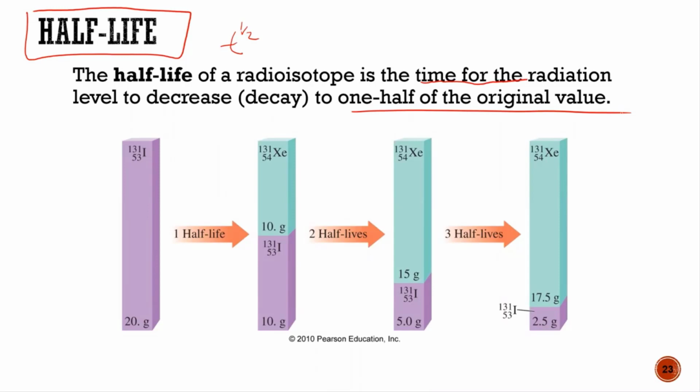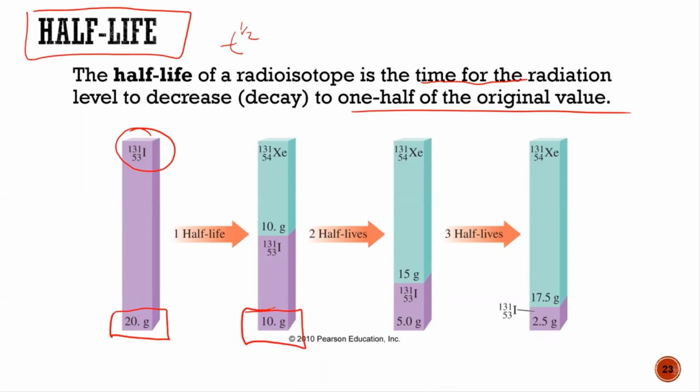Okay, so here's a sample of a radioactive isotope. It's iodine 131, okay? And I originally have 20 grams. After one half-life, what that means is I have half of 20 grams. So after a half-life, I only have 10 grams.